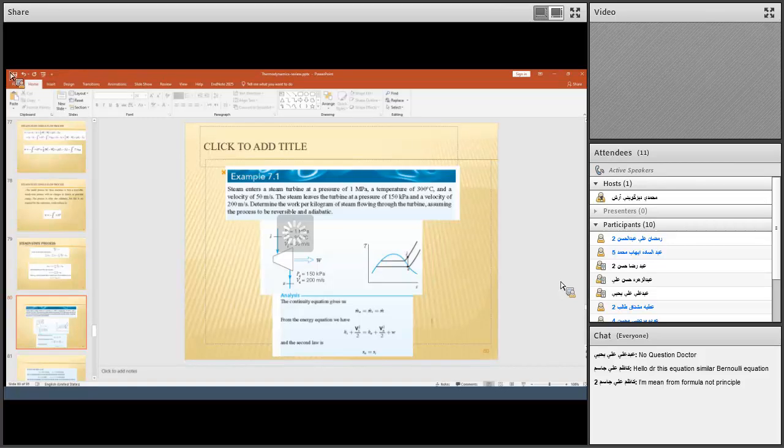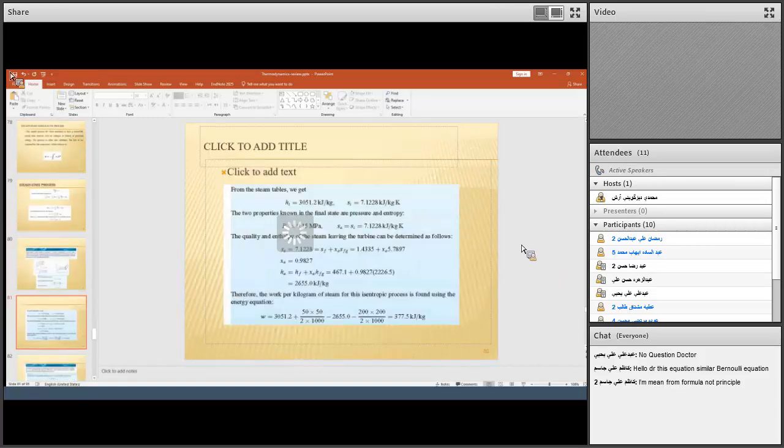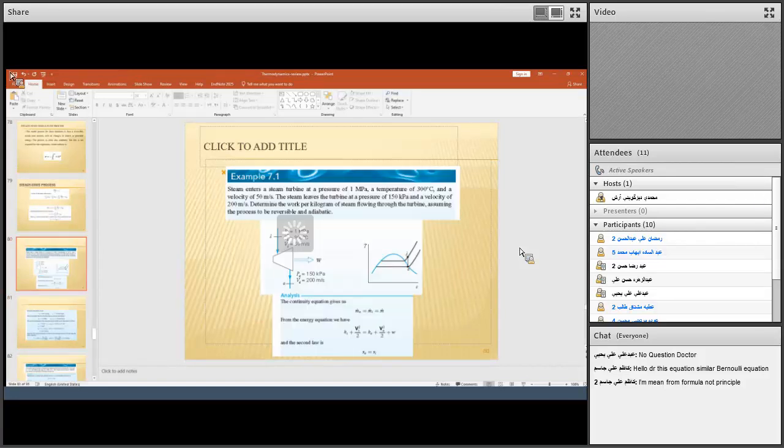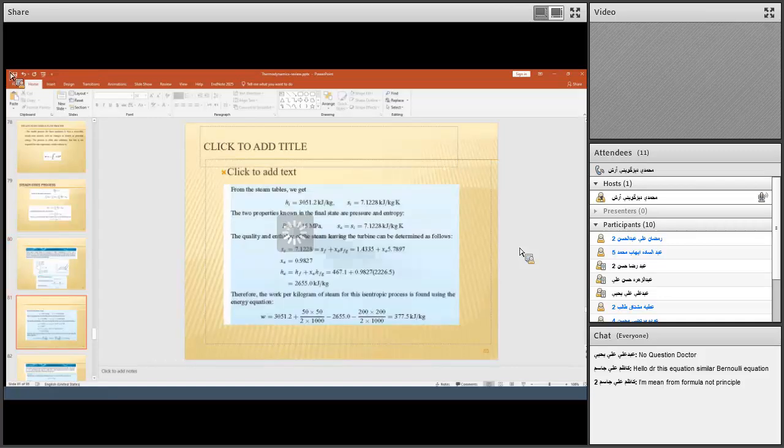The second law, because of the isentropic process, we only have entropy at inlet equal to entropy at outlet. So from the table, with temperature and pressure, we can compute the enthalpy and entropy at state I.